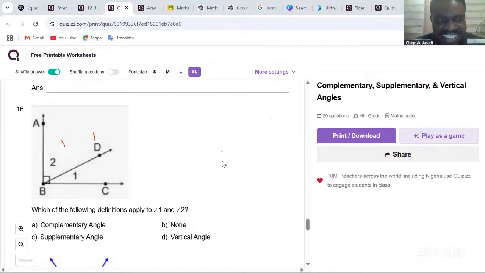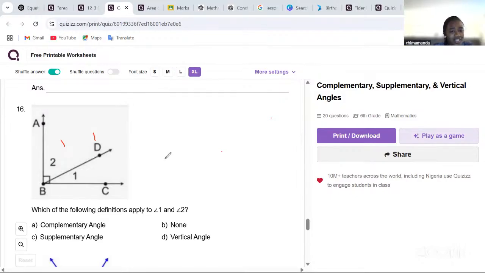Vertical. Are you sure that is vertical? Let me look. No, it's not vertical. They're not equal.